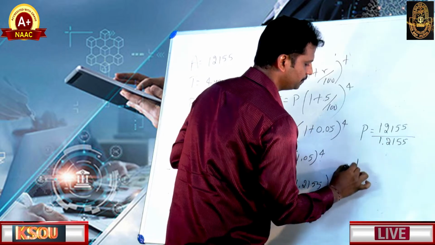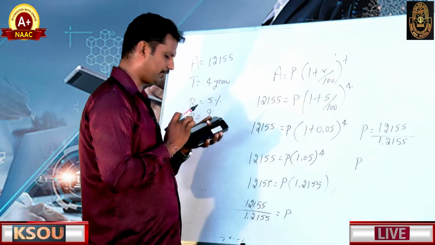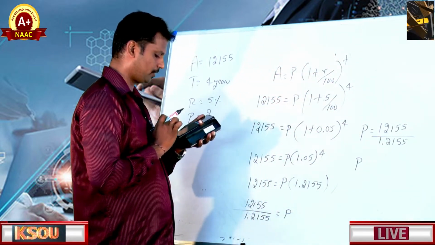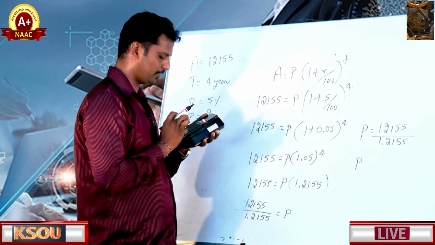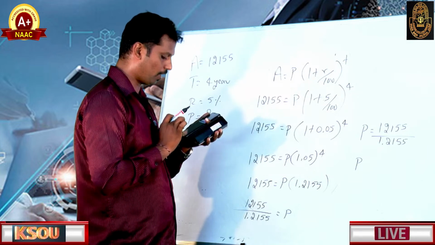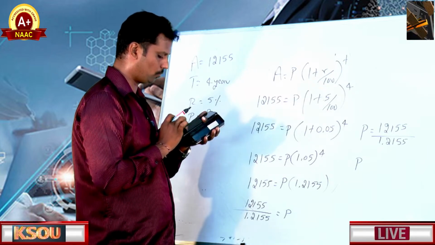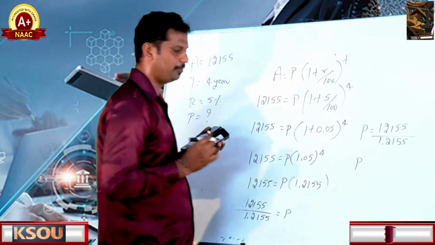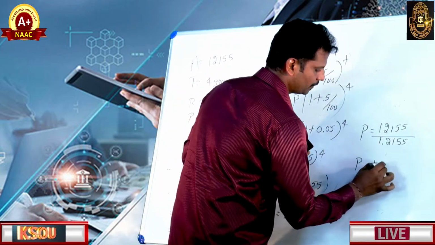What is the value? Use your calculator if you are confused. 12,155 divided by 1.2155. The value will be 10,000.